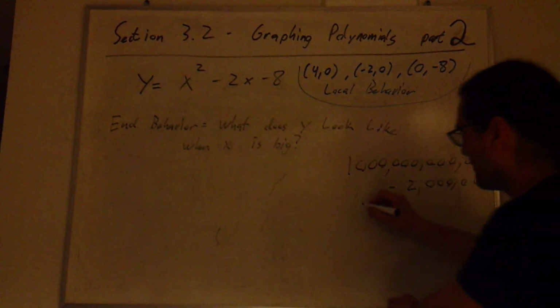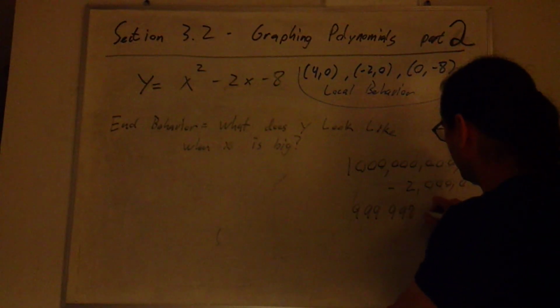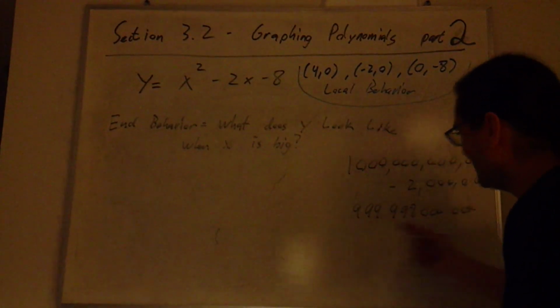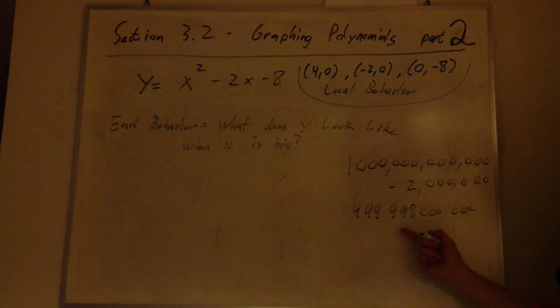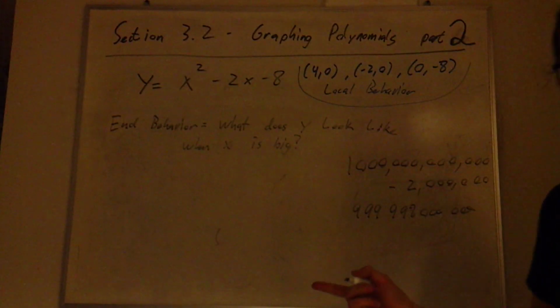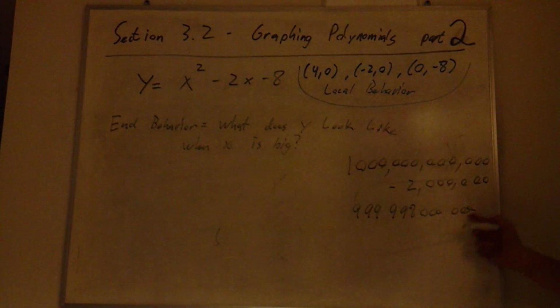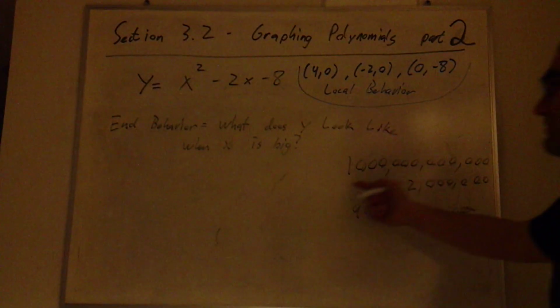You could write it, I guess. It'd be a bunch of 9s here: 999,998,000,000. This number is effectively still 1,000,000,000,000. It's 0.0002% away from being 1,000,000,000,000. So at this point, you can effectively just round it and say that this is about 1,000,000,000,000.